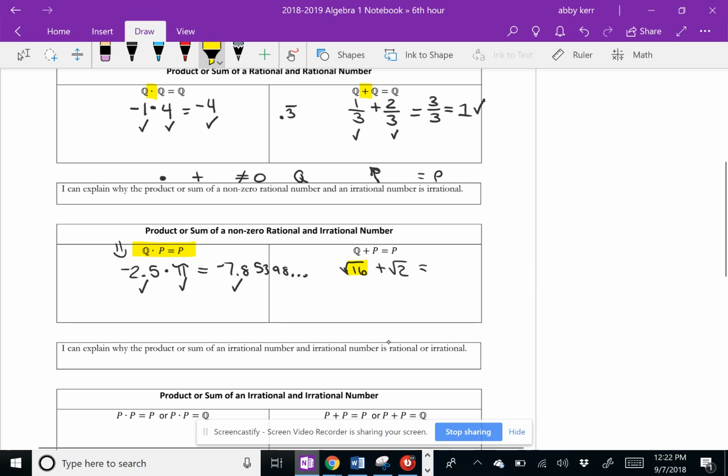The reason why the square root of 16 is rational is because you can simplify it. The square root of 16 is 4, so that gets us our rational. Then 4 plus the square root of 2 is going to get us an irrational number.